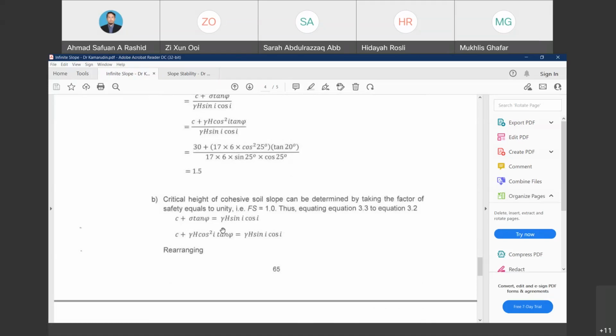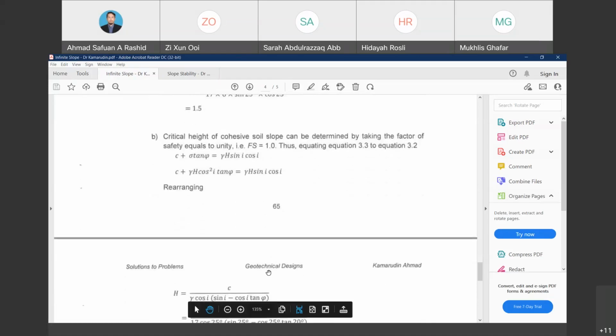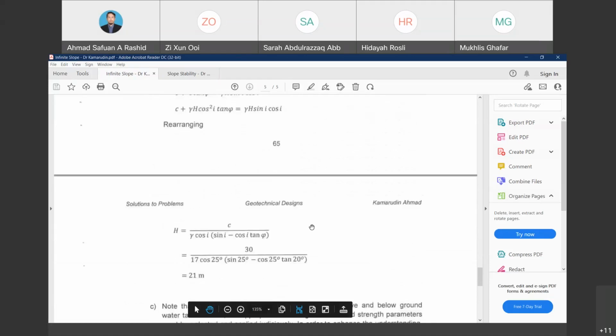Then we rearrange, putting the H on the left and the rest on the right. Based on this equation, the critical height is equal to 21. So the HCR is equal to the equation shown from Dr. Kamarudin.